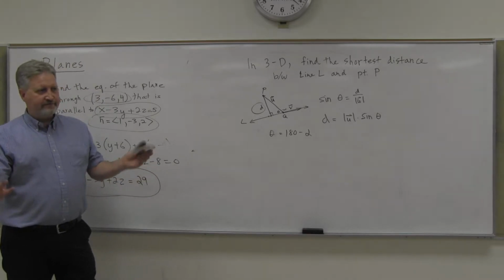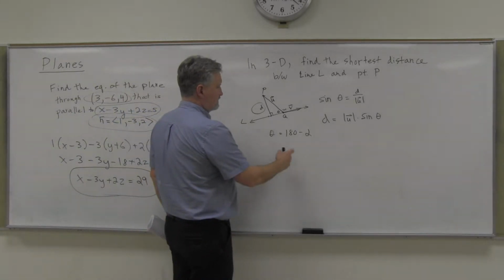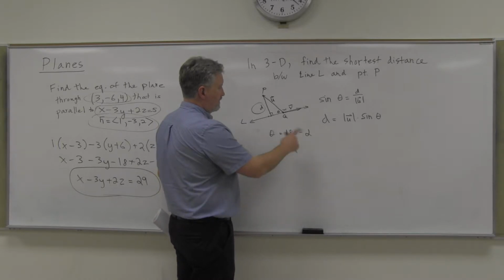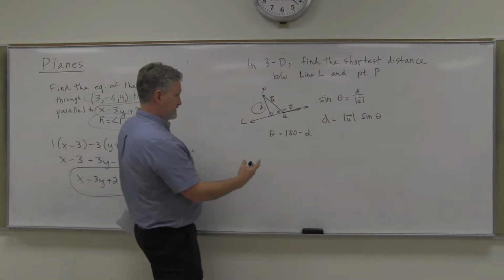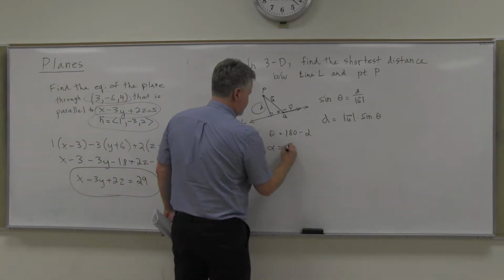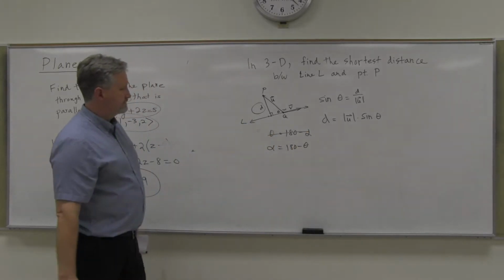Because it's a straight angle. Alpha is 180 minus theta.